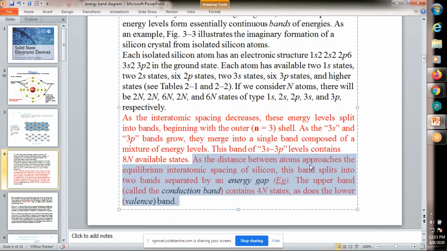As the distance between the atoms approaches the equilibrium condition, this 3s minus 3p band splits into two bands separated by an energy gap. The upper band is called the conduction band and contains 4n states, as does the lower one, the valence band. So in total, this outermost shell forms one energy band, and that energy band at equilibrium is divided into two separate bands, the conduction band and the valence band, separated by some energy gap.